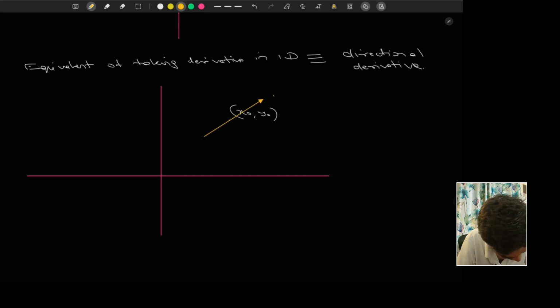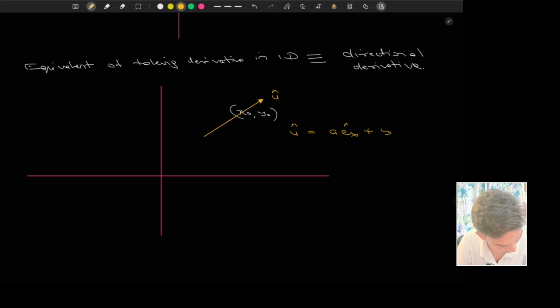This direction is given by u cap. The cap represents that we are talking about a unit vector. So u cap is equal to a ex cap plus b ey cap. What are ex cap and ey cap?